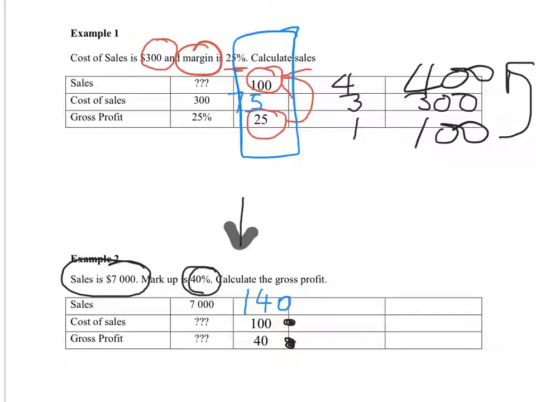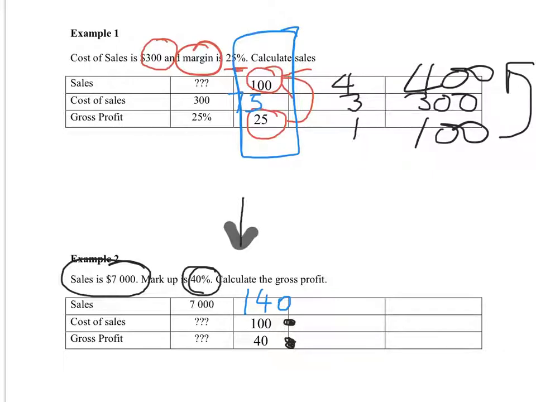And if the markup is 40%, you've got to assume that the cost of sales is 100, because it's 40% of 100. That means the markup is 40% of cost of sales, which means sales has to be equivalent to 140.